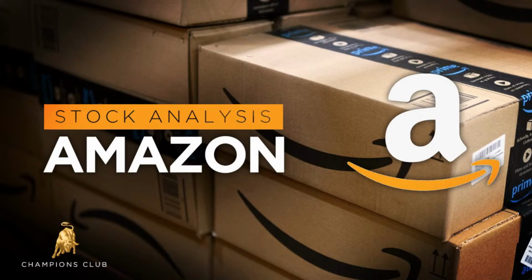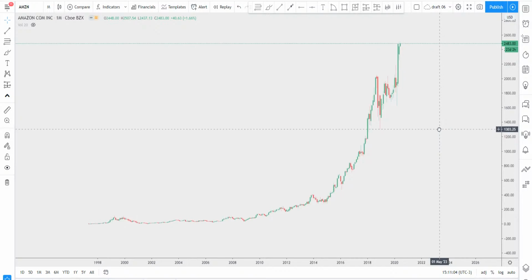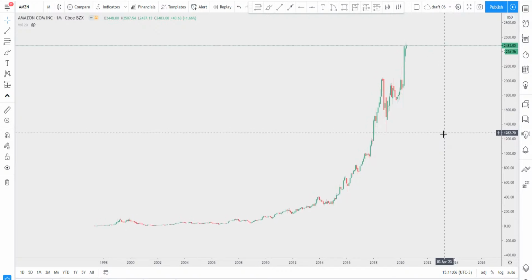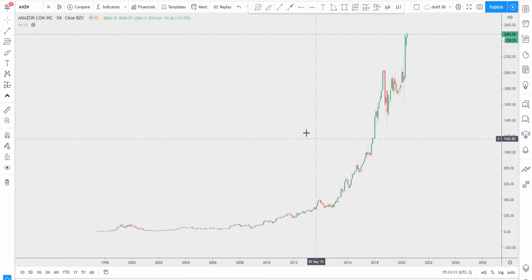So let's jump into the charts. I will approach this Amazon update in two different ways, because as you can see, there is no news.